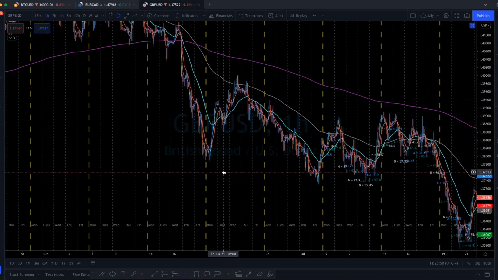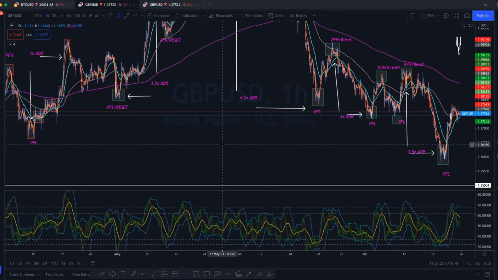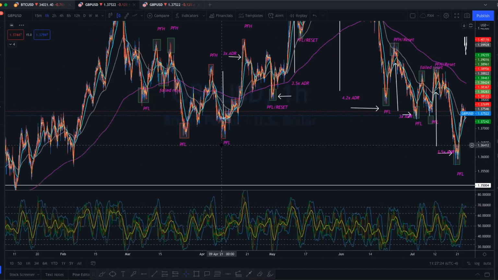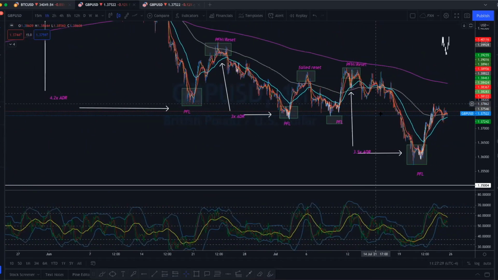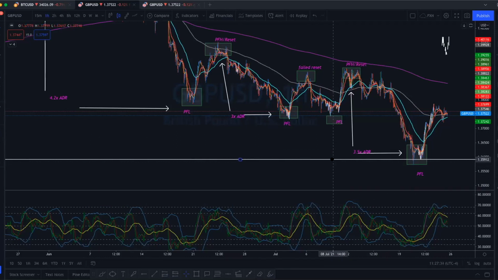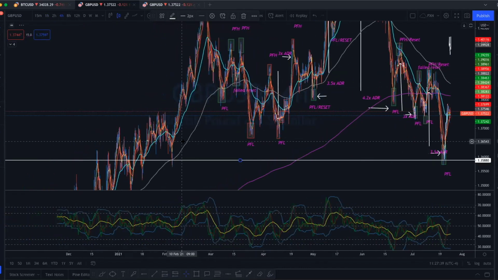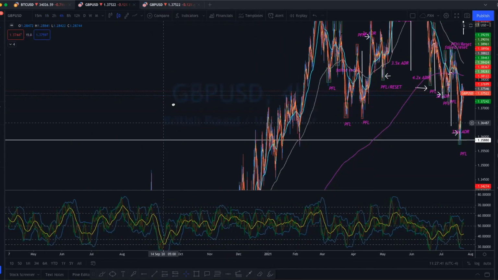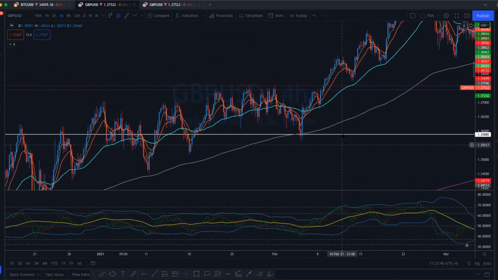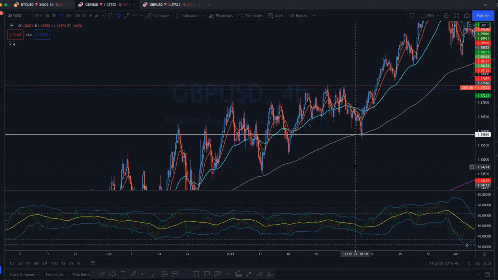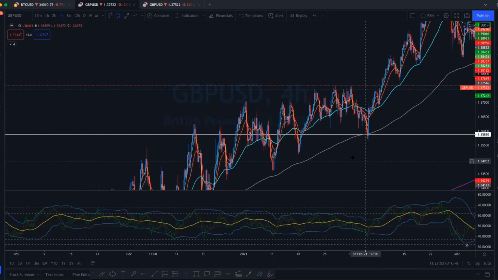so let's just say that, if you can map out the 3 times ADR, let's say from this reset down, and if we move this line up just to see where it's at here, and let's just go up to a 4-hour time frame, you can see that line goes straight through a bunch of structure that previously has happened back early in the year.